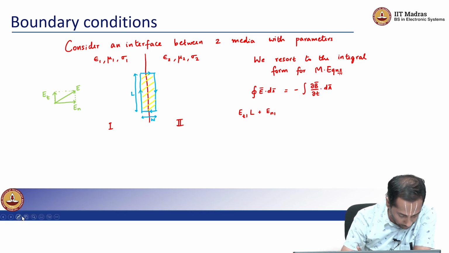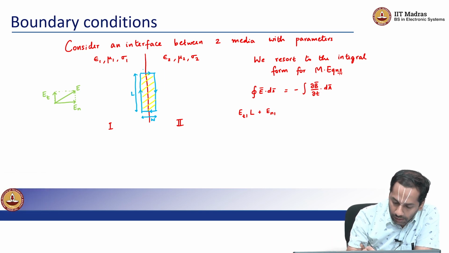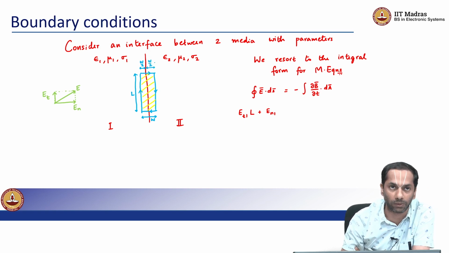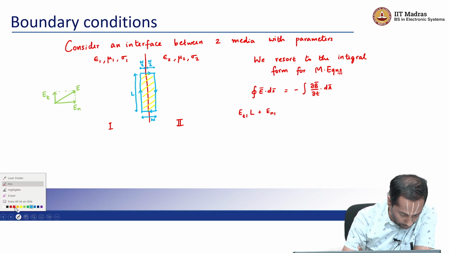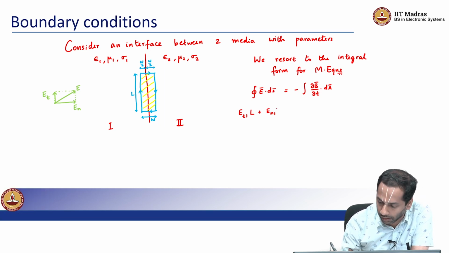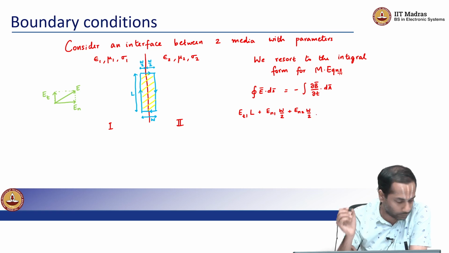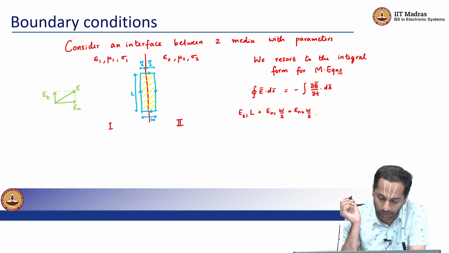Remember that this is sort of symmetric, so I can consider this width as W by 2 and this W by 2 for a total width of W. So En1 times W by 2 plus En2 times W by 2.